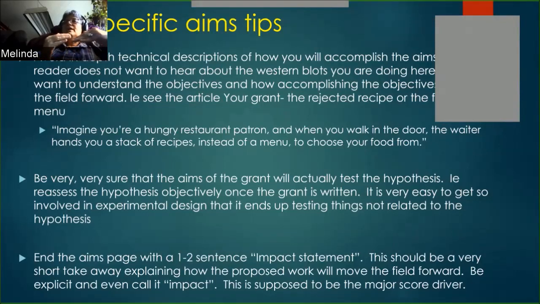And so very often people will tell you to write your Aims page, then work on your research plan, which is fine, but just at the end, maybe a week or two before submission, when you have your research plan largely done, make sure that the Aims page still is appropriately reflecting what you are doing in your grant. Because it's easy for those two documents to diverge from each other, I guess is a good way to put it, because they're written at different times often.